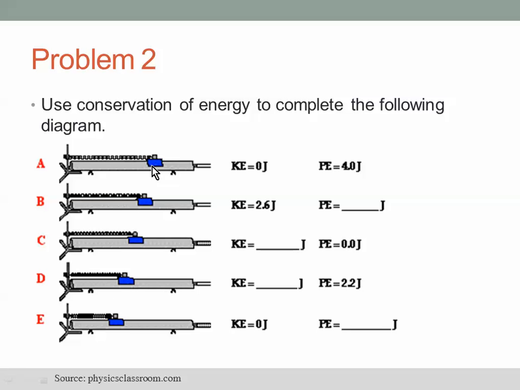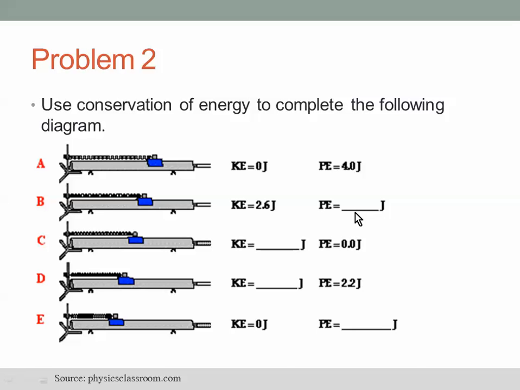It starts here, at its most stretched point, it has 0 kinetic energy, but it has stored energy of 4 joules. So we're going to compress the spring a little bit. It's not all the way to equilibrium, it's just partly. We had it here and we let go. Now it's moving, it has a kinetic energy of 2.6 joules, so what's the potential energy?